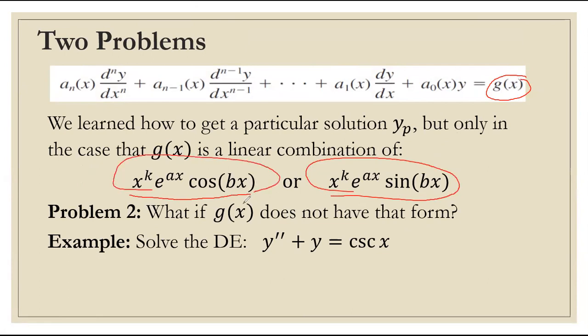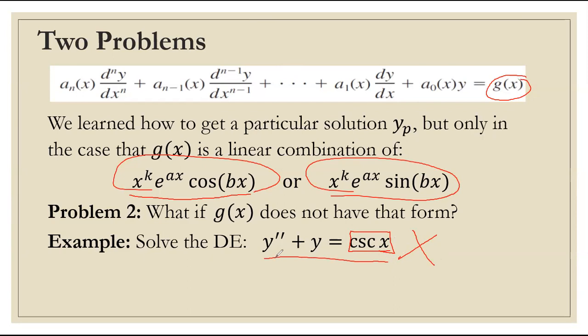Unfortunately, if g isn't one of them, you can't use the annihilator technique. So if my g(x) is cosec x, you can't use the annihilator technique. Maybe we can do that today or in the coming lecture.